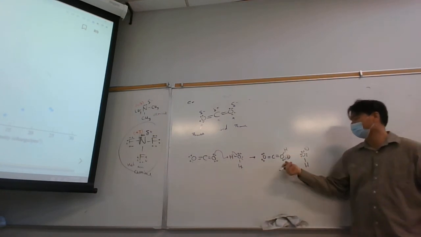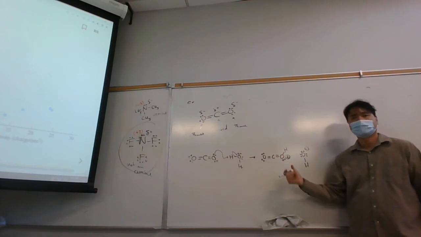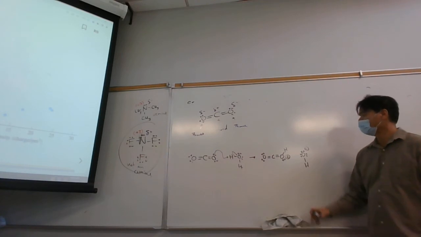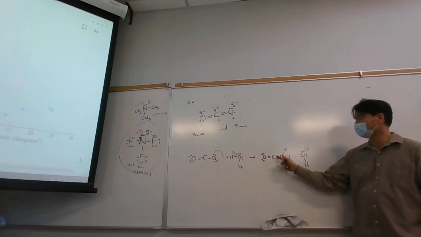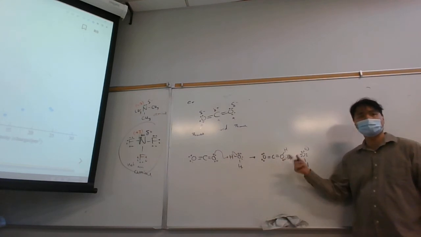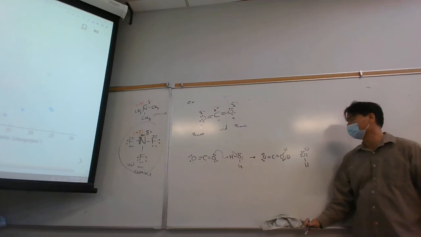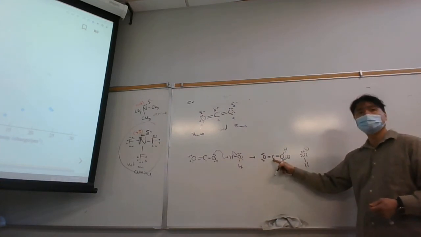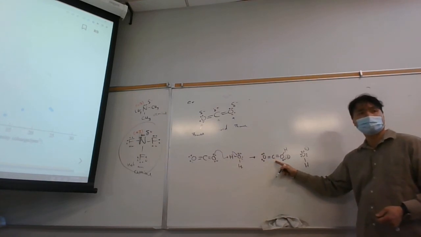This doesn't look so stable because of the formal charge. And then we can try to stabilize that by taking this double bond and giving it to the oxygen. If we take this double bond and make 2 lone pairs on the oxygen, that would be great. But the problem is this: that would leave the carbon with less than an octet.